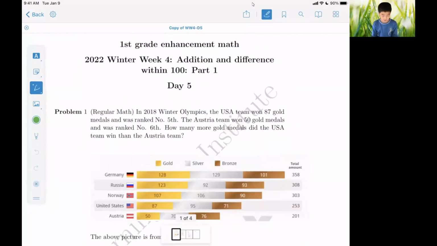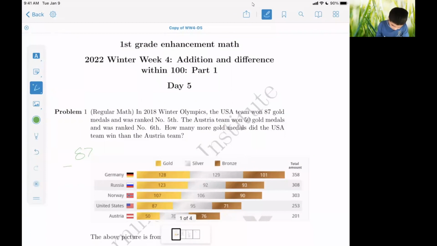Day 5. Problem number 1. In the 2018 Winter Olympics, the USA team won 87 gold medals and was ranked number 5. The Austria team won 50 gold medals and was ranked number 6. How many more gold medals did the USA team win than the Austria team? 87 is the number of gold medals that USA won.